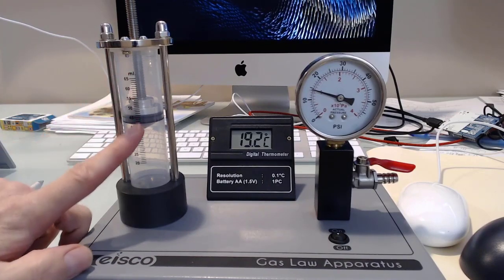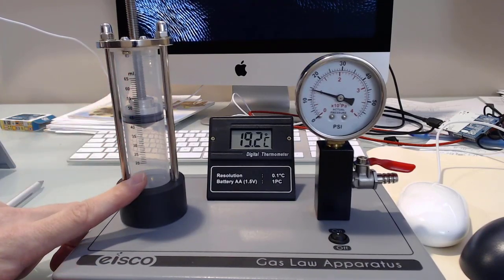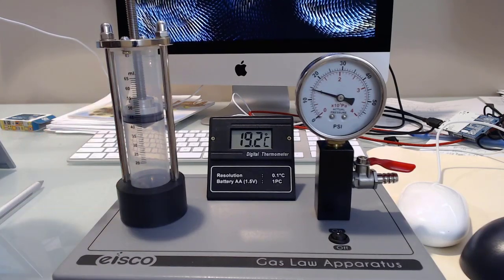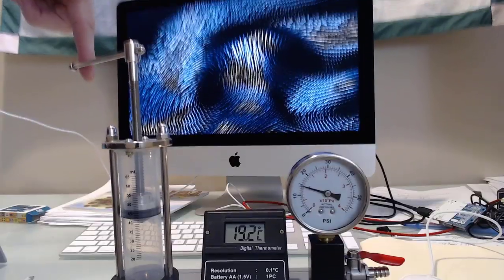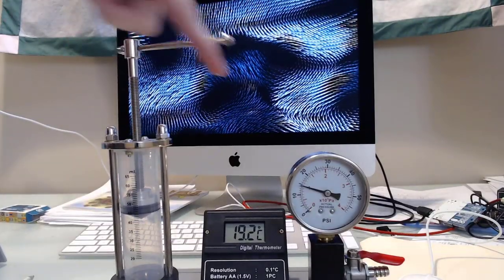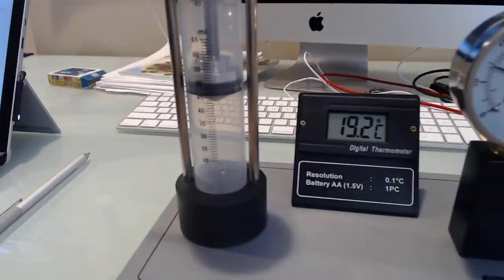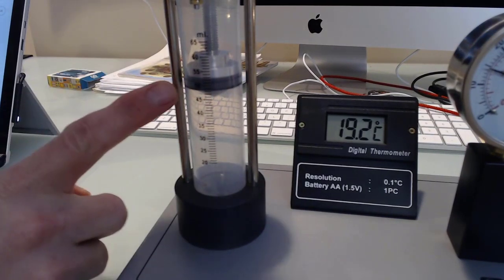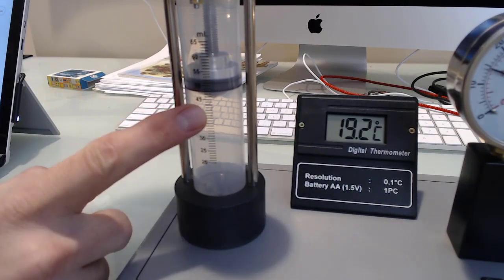And on the side of the cylinder here is, I know it's hard to see, a graduated cylinder, and you can measure volume. This cylinder has this screw, and if I zoom in really close here, you'll see as I turn the screw, the plunger goes up or the plunger goes down.